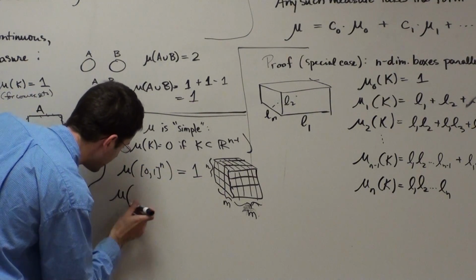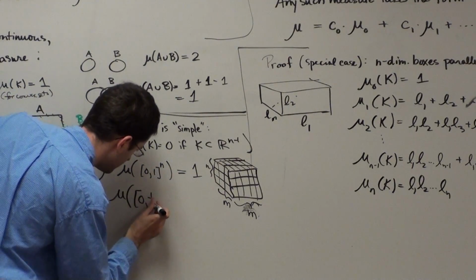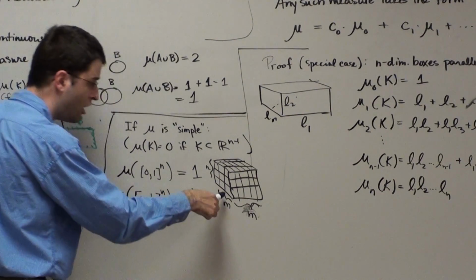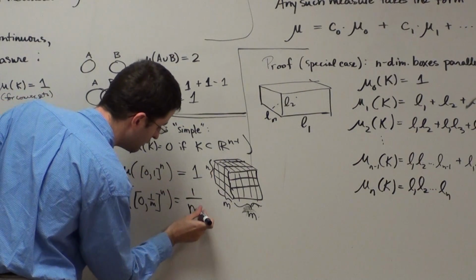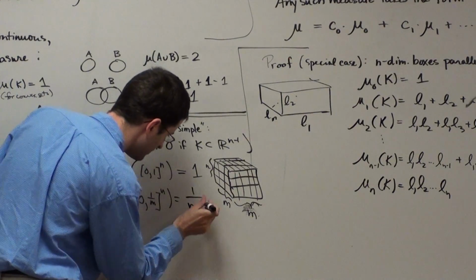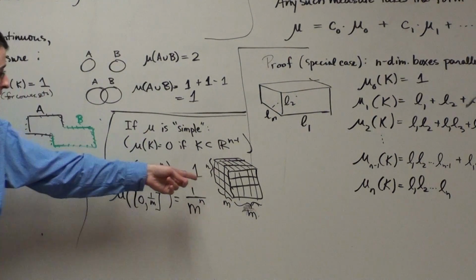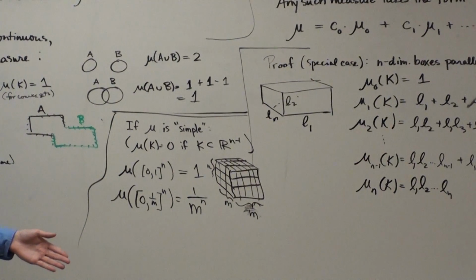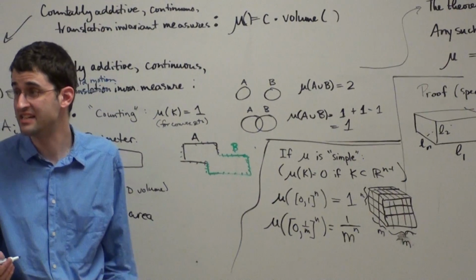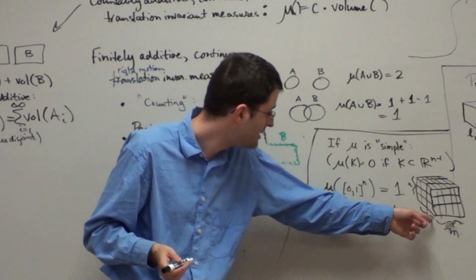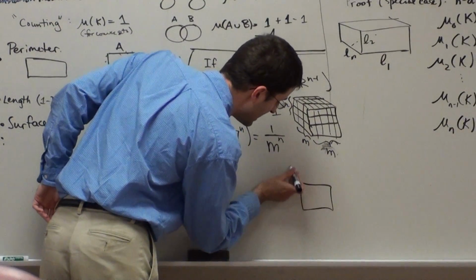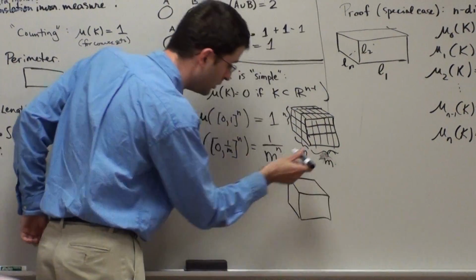So the box has size 1 over m on a side, and all those are the same, so we'd have 1 over m to the n. All those boxes have the same measure, so you chop it up into a bunch of pieces, and now just glue the pieces together to get any size cube you want, as long as it's got dimensions that are a multiple of 1 over m.